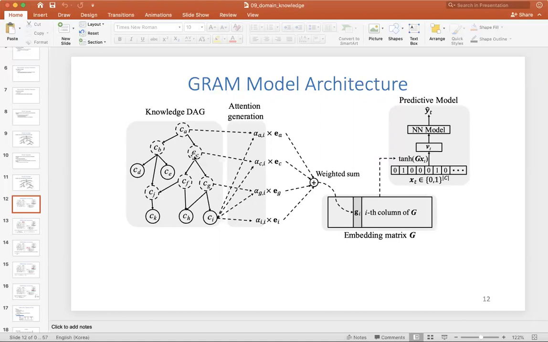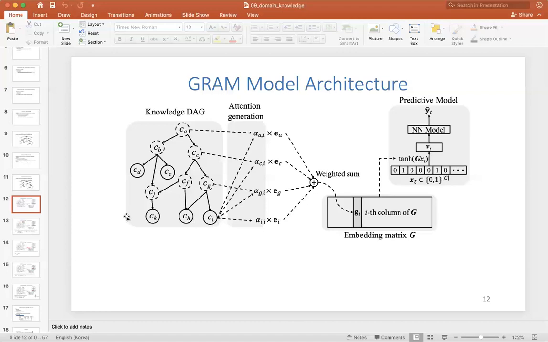And the key assumption in Graham is that when you're trying to represent these leaf nodes, the 5-digit ICD9 codes, you don't learn the representation vectors of these leaf nodes independently. That is what we did previously when you just naively apply RNN to your EHR: you're independently learning the representation vectors of all the leaf nodes separately.